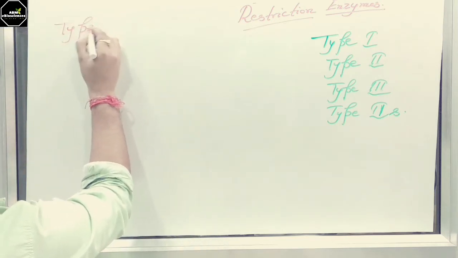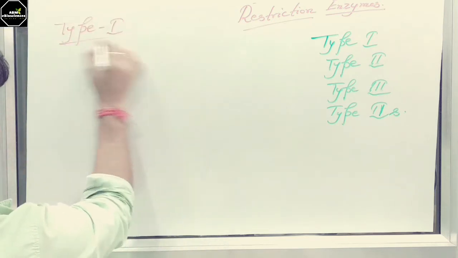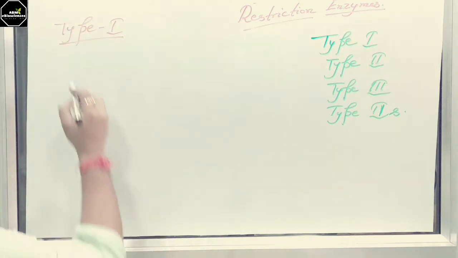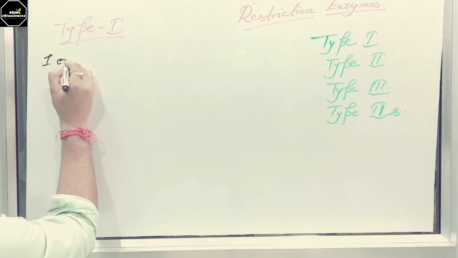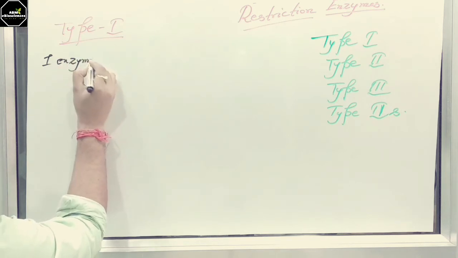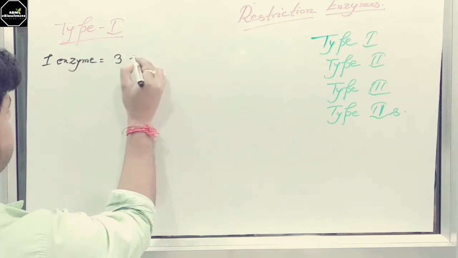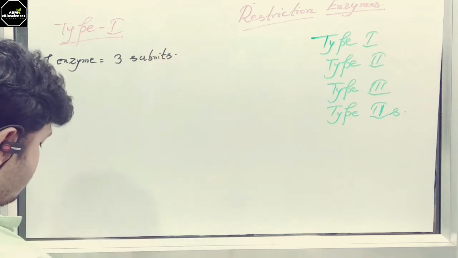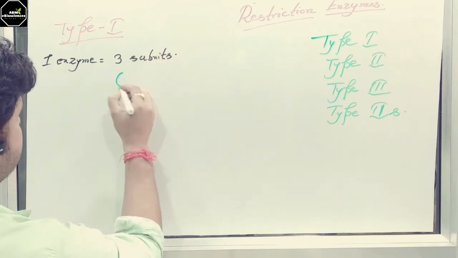So type 1 restriction enzyme consists of one enzyme and three subunits. That one enzyme consists of three subunits with different functions.